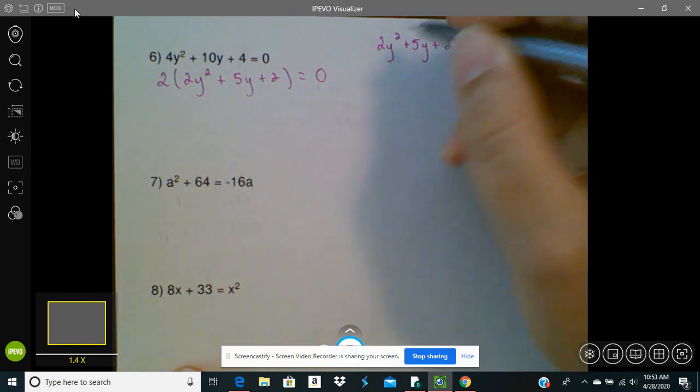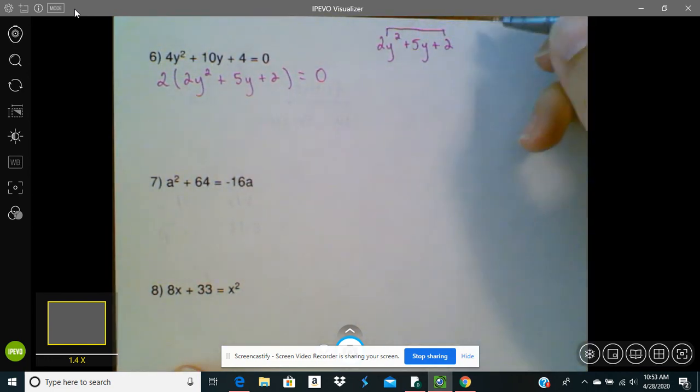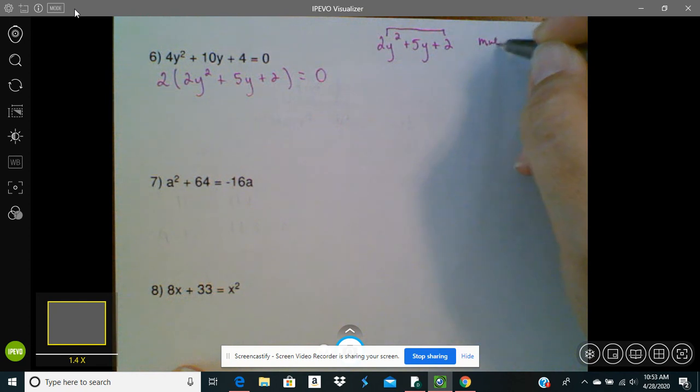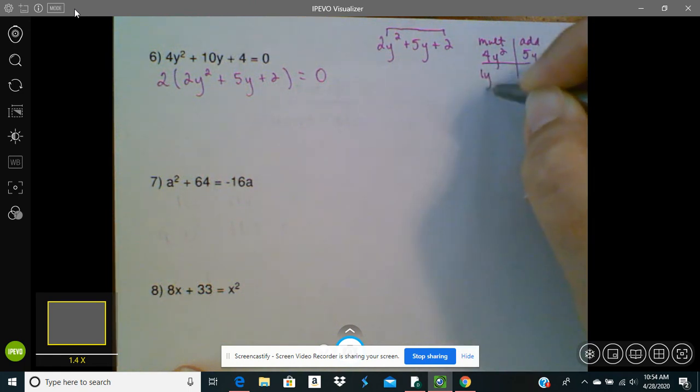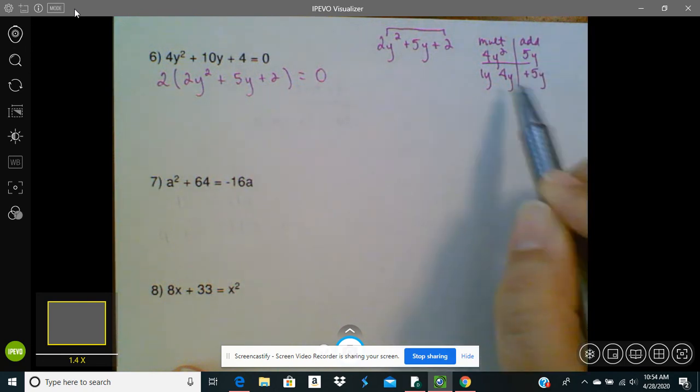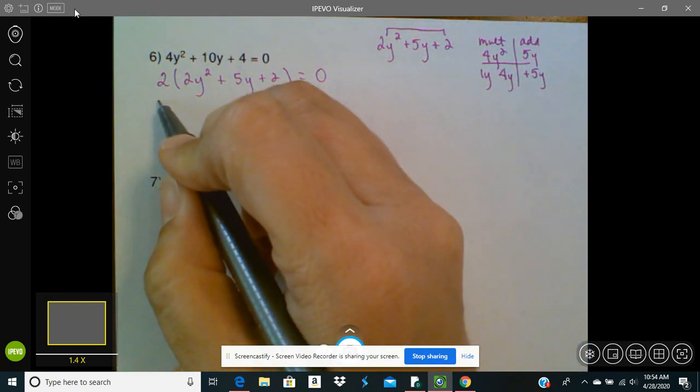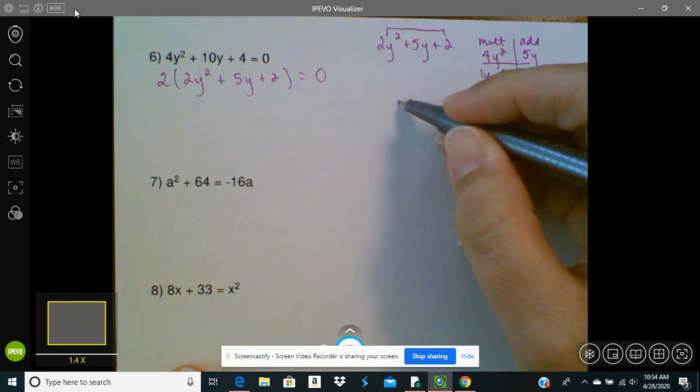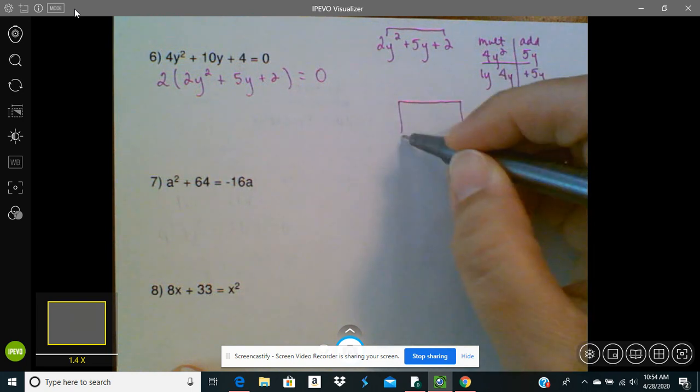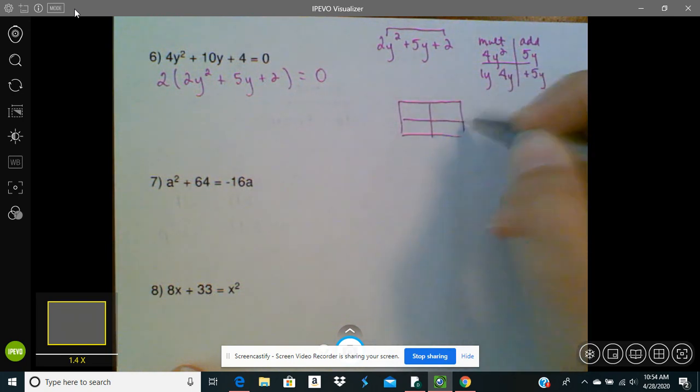All right. What multiplies to 4, but at the same time adds to 5y? Well, let's start with 1y and 4y. Oh, ding, ding, ding. There it is. So I'm going to put it in the box just to make my life easier for today.